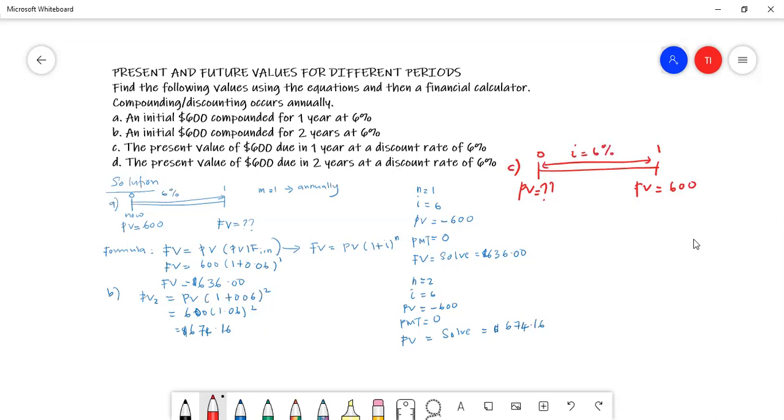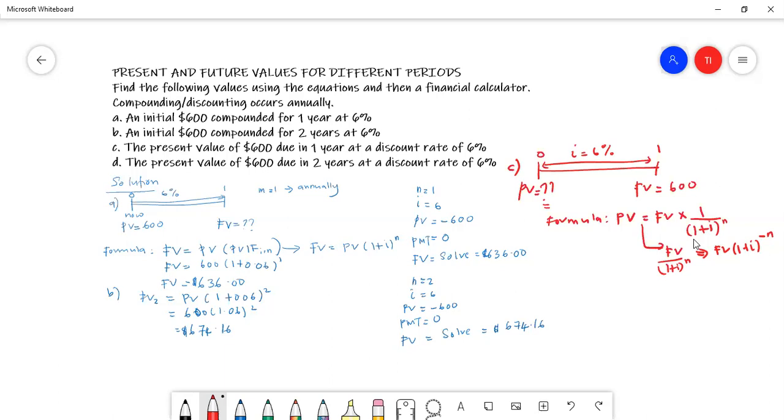So now since the unknown is PV, we are going to use the formula for present value equal to future value multiplied by 1 divided by (1 plus I) power n, which you can also simplify, as I wrote on the whiteboard, to (1 plus I) to the power of minus n.